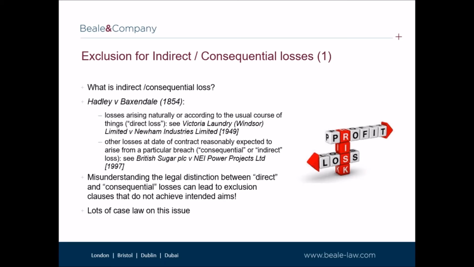Similarly, in Ferryways and Associated British Ports, a 2008 case, the clause stated that the defendant shall have no liability which is of an indirect or consequential nature, including without limitation the following: loss of profit.